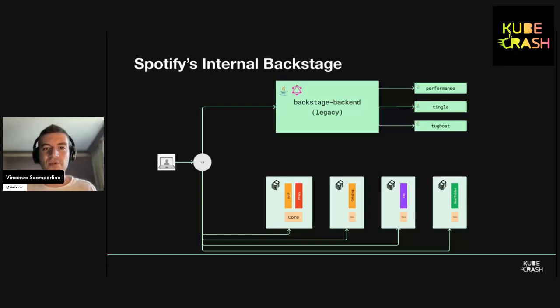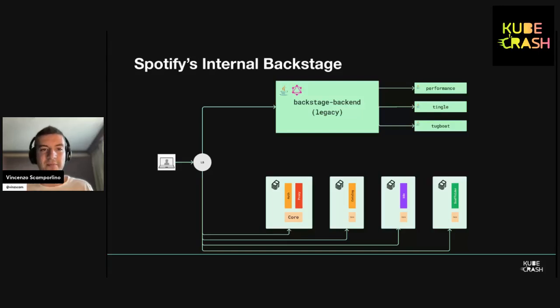So at the top, you can see our own old Backstage backend. It was a Java app with a bunch of GraphQL resolvers fetching data from the underlying services. And at the bottom, you can see all the new plugins built on Backstage open source, and all the open source plugins as well, deployed separately.